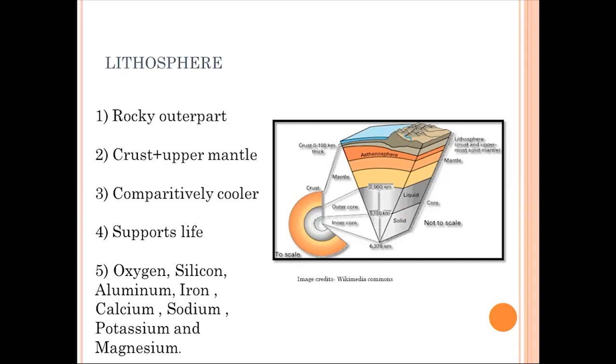Now, this layer is comparatively cooler compared to the mantle and the liquid core. So as one moves from the crust to mantle to core, the temperature goes on increasing. So lithosphere is comparatively cooler than the other two layers of the earth.